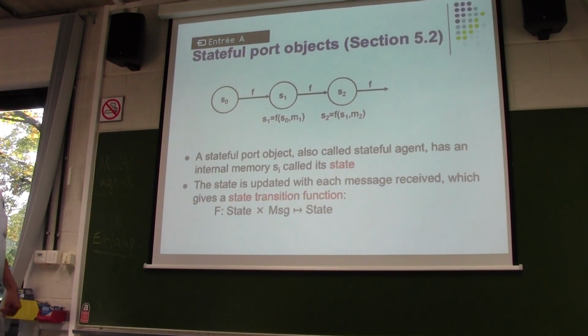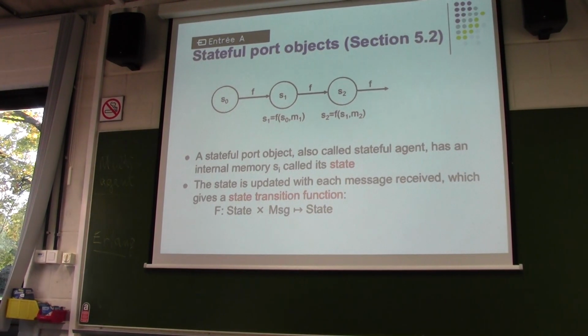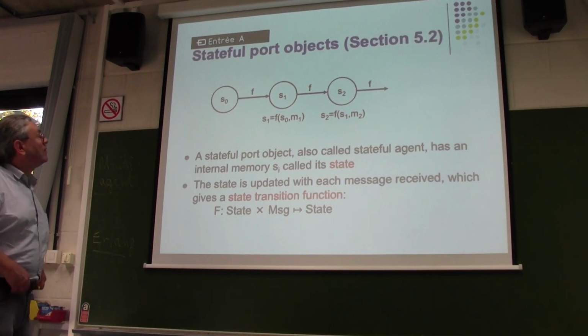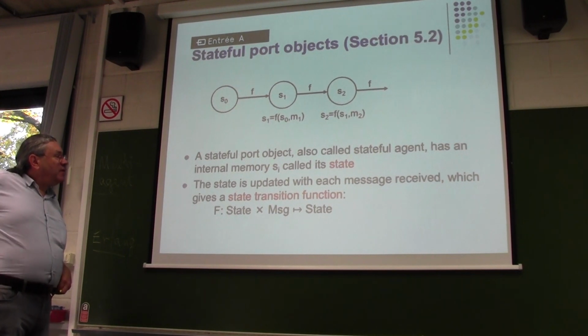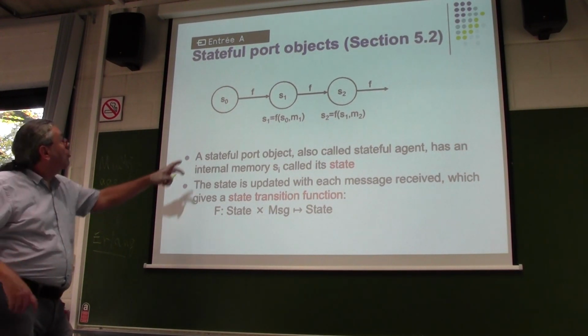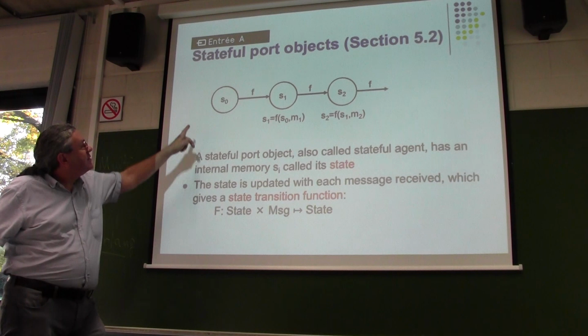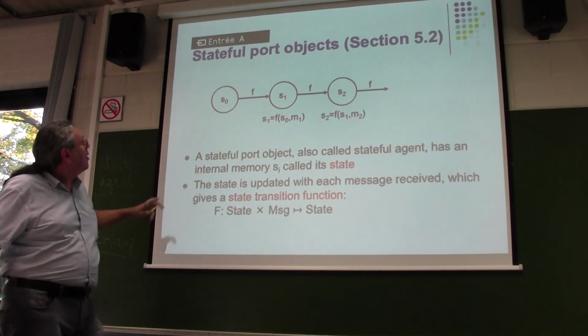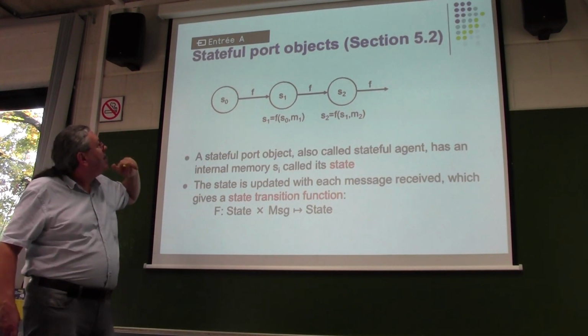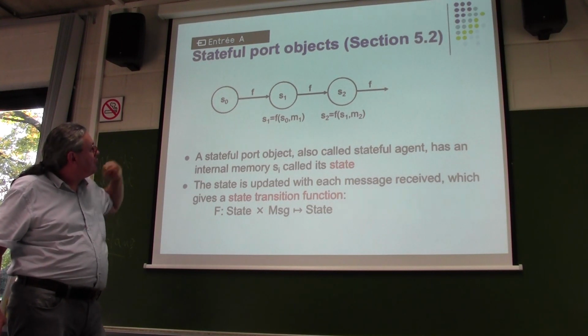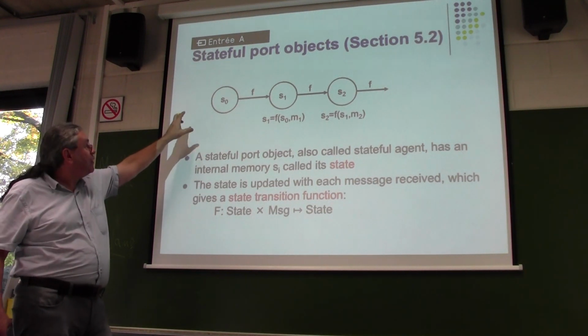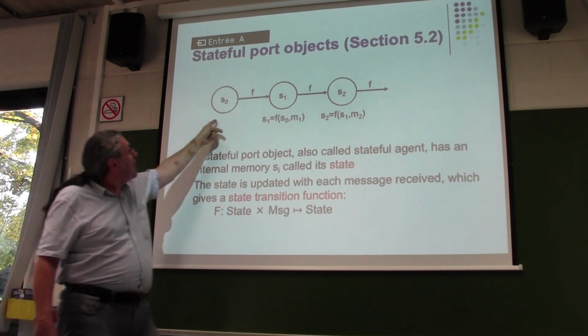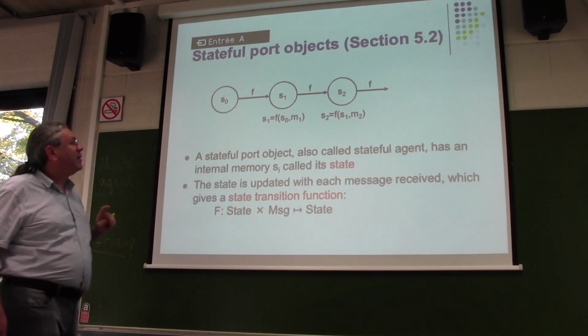So the basic concept is a port object. A port object has an internal memory. So this is a state diagram. It has an internal memory, and if you send a message to that object, so it has also a thread, then it will change state, okay?